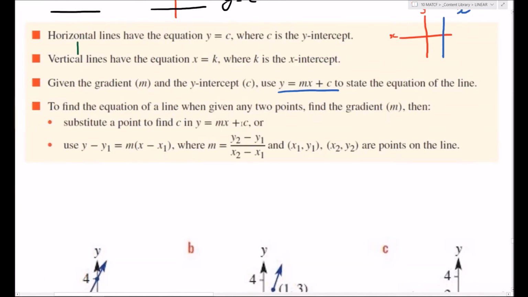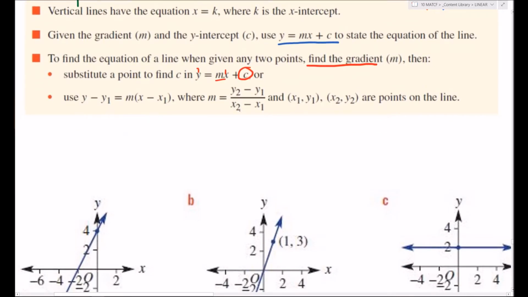The first thing you need to do is find the gradient. Okay, and then after you've found the gradient, substitute any point into your formula. So after you've changed this gradient to whatever the gradient was, change x and y into one of the points that was given to you prior to figure out what c is. Okay.